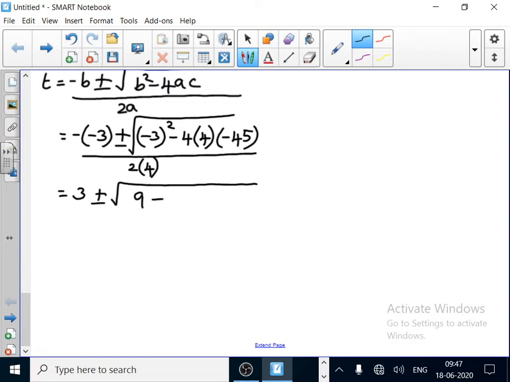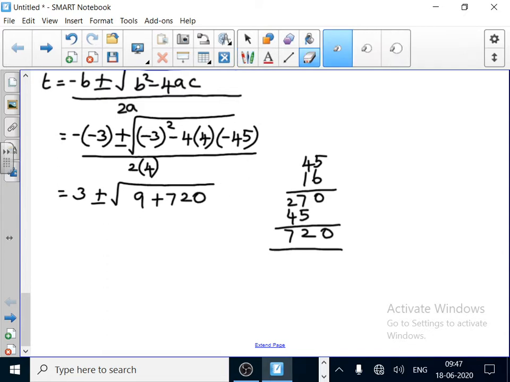That is equal to 3 plus or minus square root of 9 minus, here 4 fours are 16, into 45: 6 fives are 30, remaining 6 fours are 24, plus 3 is 27, again 45, the answer is 720. So minus into minus 720, whole divided by 2 fours are 8.